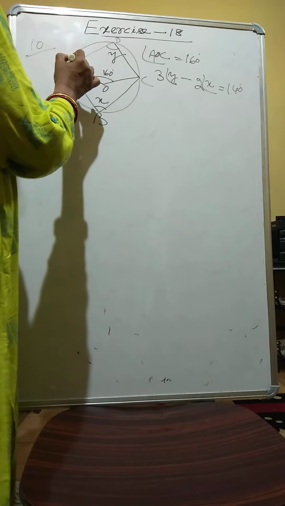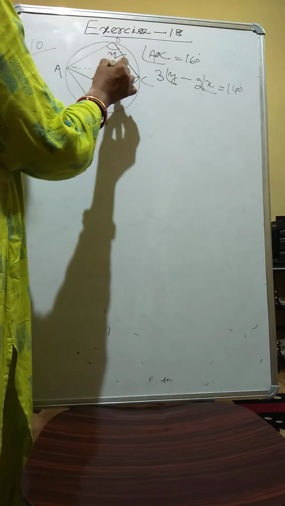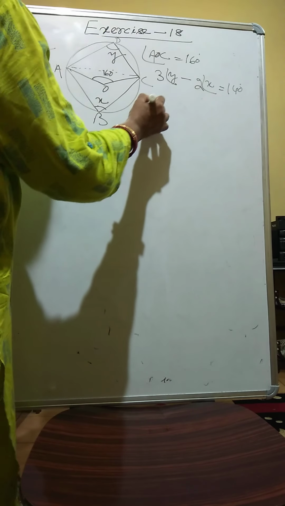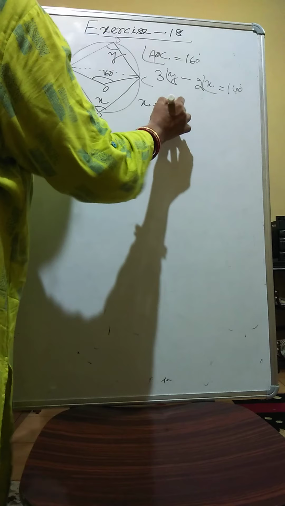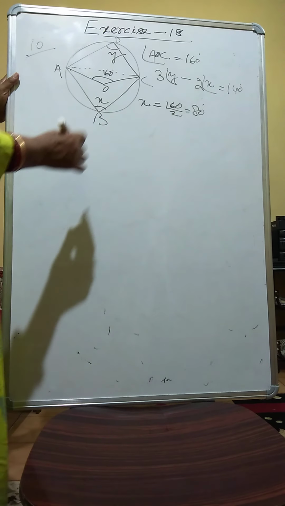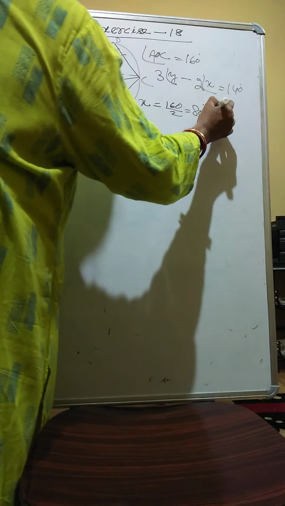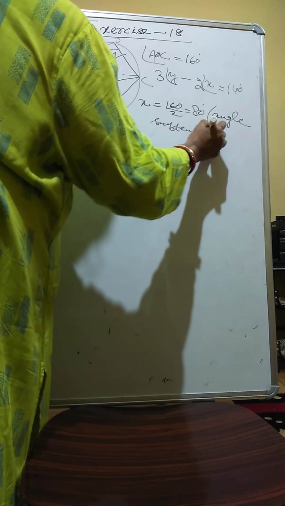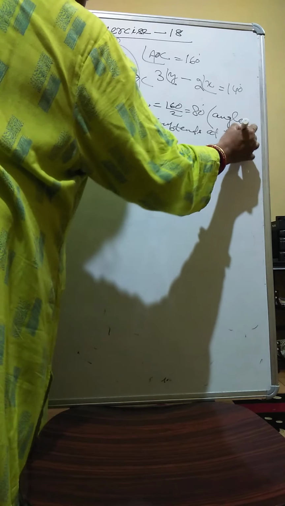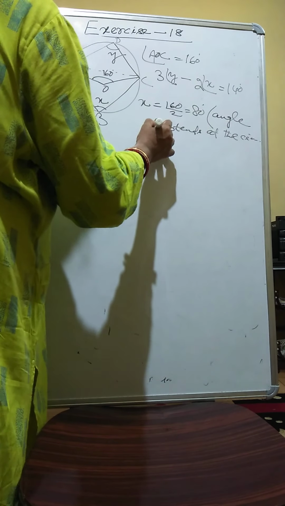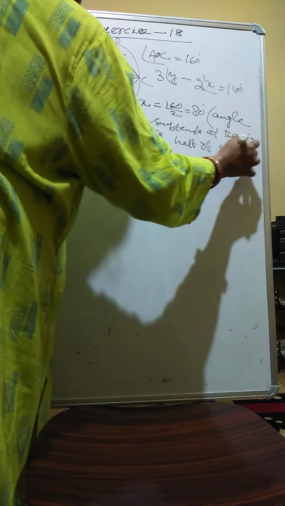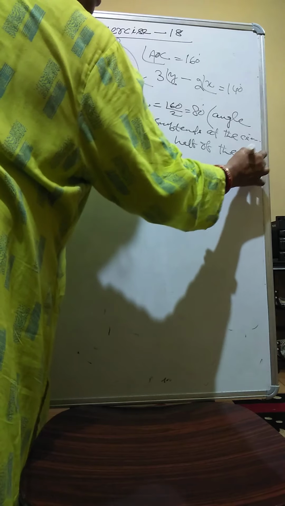See, you imagine it, if I join it, this is a center angle, this is a circumference angle, hence I'll write x equal to 160 by 2, 80 degree. You will write: angle subtended at the circumference is half of the center angle.